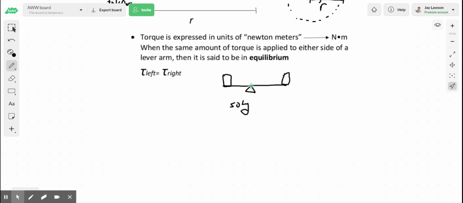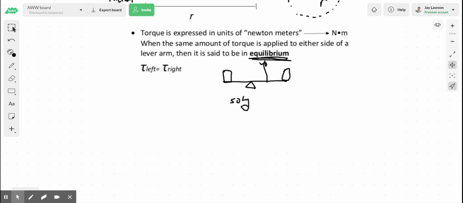Now, assuming the lever's mass is uniformly distributed, this thing is not going to move. You're just going to stay there suspended on the seesaw because it is in equilibrium. So that's another thing to remember. If the torques on either side of the lever arm are equal, then it's said to be in equilibrium. So torque on the left would equal torque on the right. Keep that in mind as we move forward.